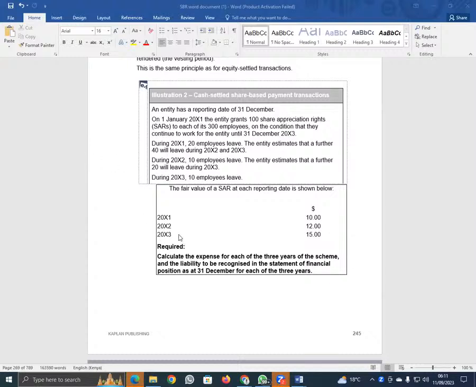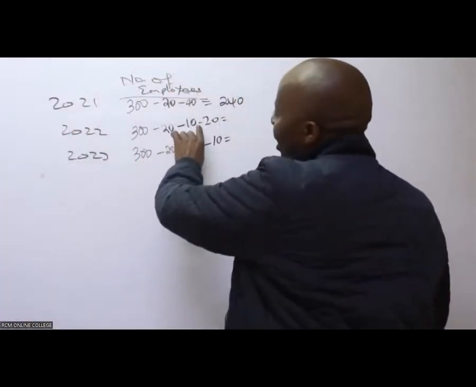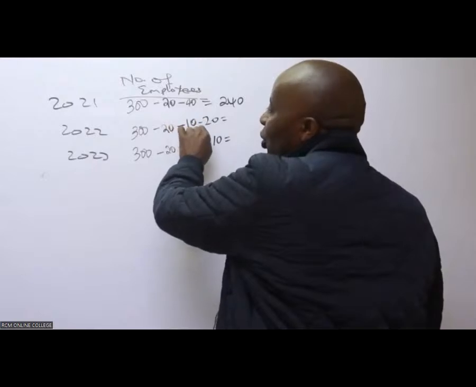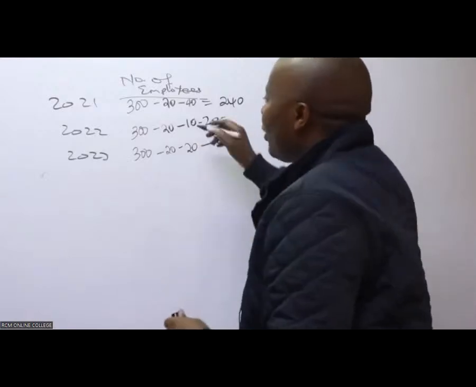Now, in 2022, what have they told us? During 2022, 10 employees leave. The entity estimates that a further 20 will leave during 2023. So it means that these 300 that I started with, I should be able to subtract these exact guys who leave in 2021 too, minus this further 20. But remember, if you do that, you'll have accounted for how many years?